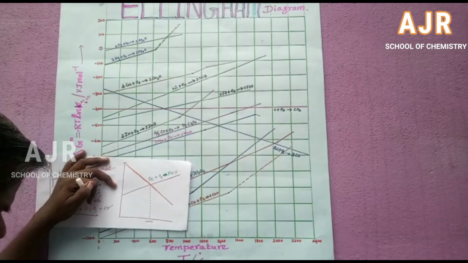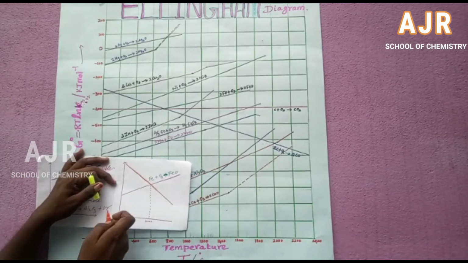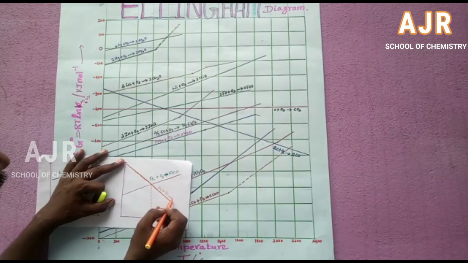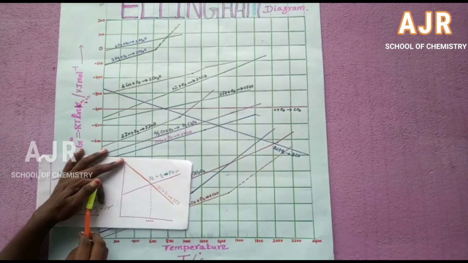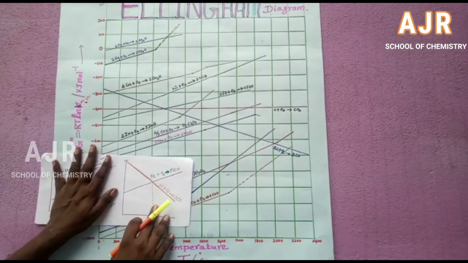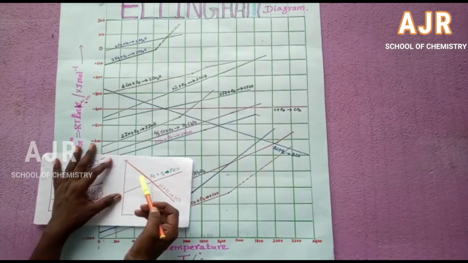And this line is carbon monoxide formation line, 2C plus O2 giving 2CO. Now look at here.